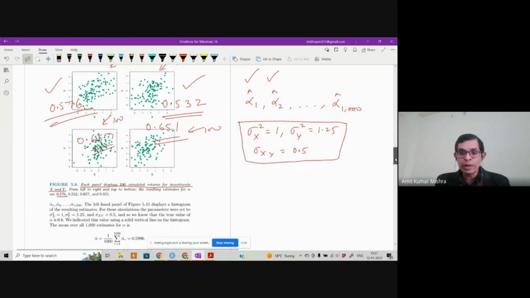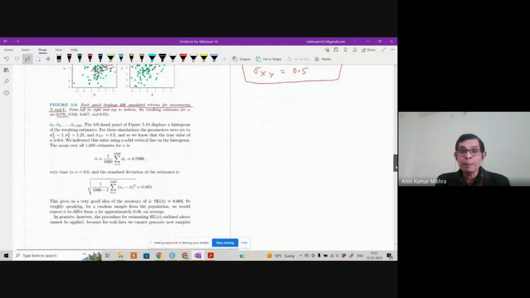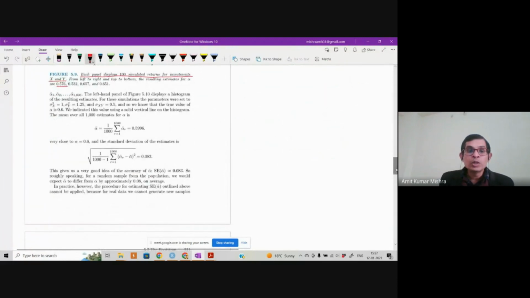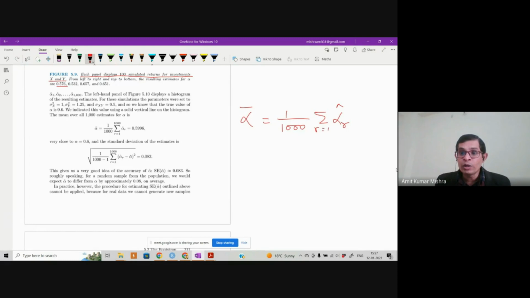Now if you want to find the mean, the formula is the standard one: 1 divided by 1000, add all of the estimates from 1 to 1000. This mean comes out to be 0.5996, and this is very close to 0.6, which was the true value actually.